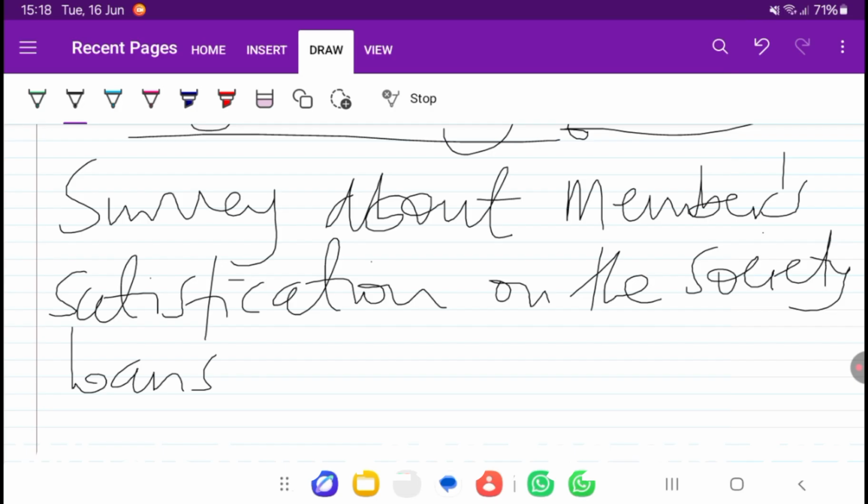We gather the information from the members themselves, and we collect it maybe through questionnaires, maybe through interviews. We shall look at how we collect data, but one of the best methods of collecting primary data is through questionnaires and interviews. So if we collect this information for the first time, then it becomes what we call primary data.